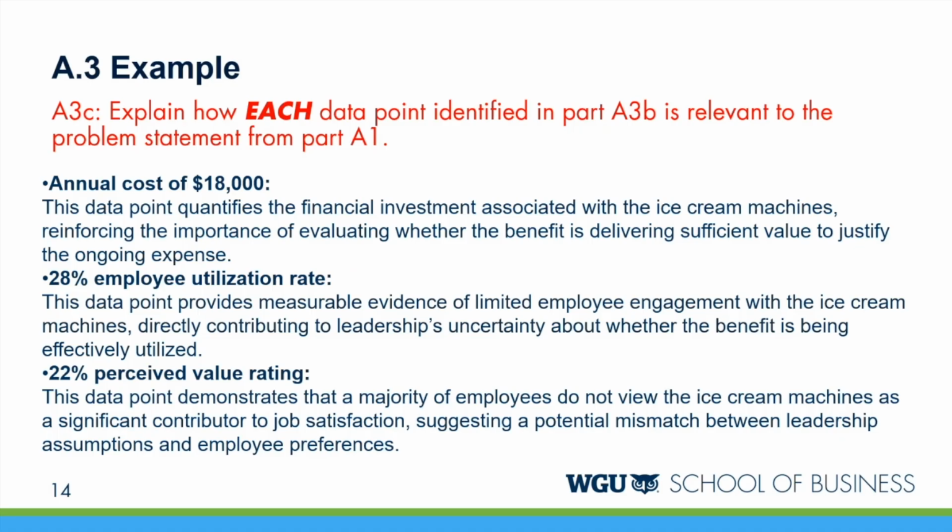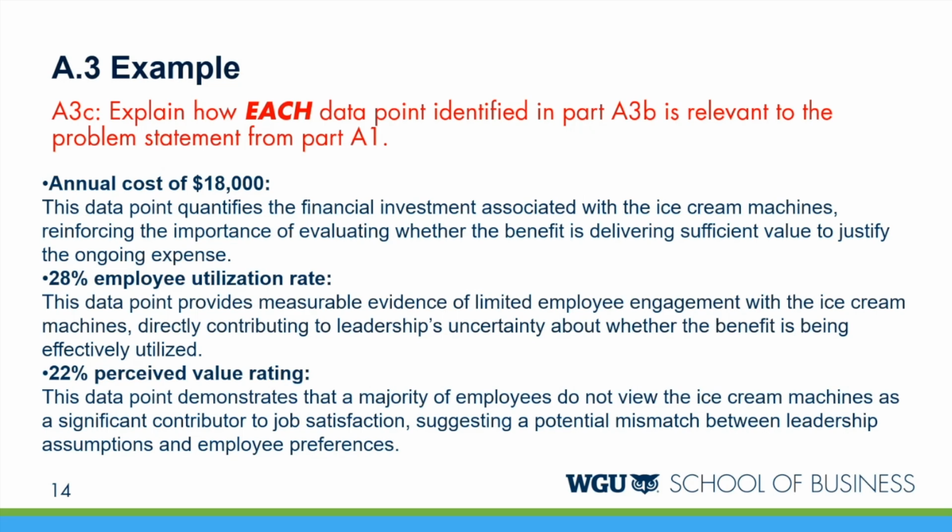Okay, so now we want to talk about why is it relevant. So when we get to A3C, we need to talk about how each data point is relevant to the problem statement. So again, make sure everything's aligning so that everything is addressing that problem statement, and also make sure that you are talking about each one of those stakeholders or the data points.